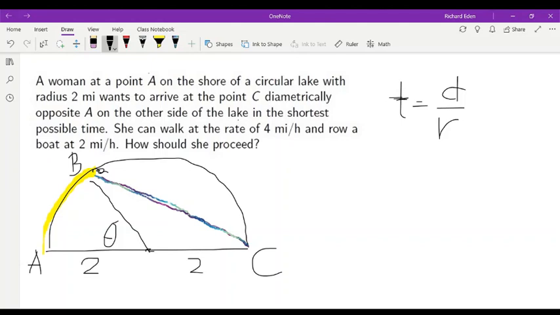We know that the answer is going to be in terms of theta because the opening of this angle determines where B is, and so once you've identified B, then you should be able to determine how long the arc AB is and the segment BC is.